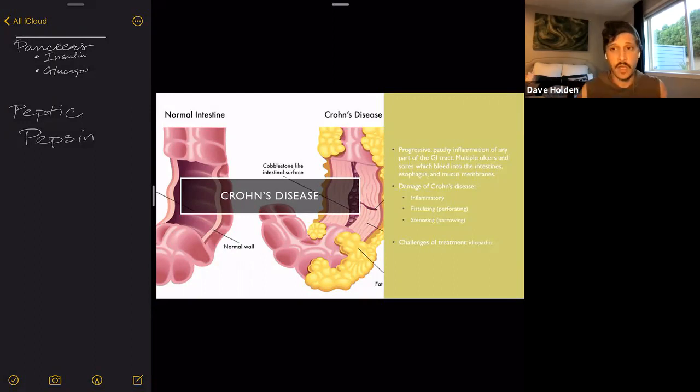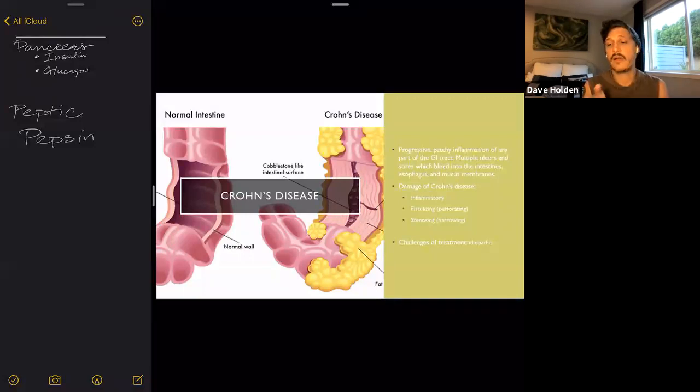Inflammation becomes more damaging the longer it goes on. So when you have chronic inflammatory diseases where the inflammation persists for weeks or months or sometimes years, that kind of damage can be cumulative and it can be severe. Then there is fistulating damage, which we'd also call perforating.